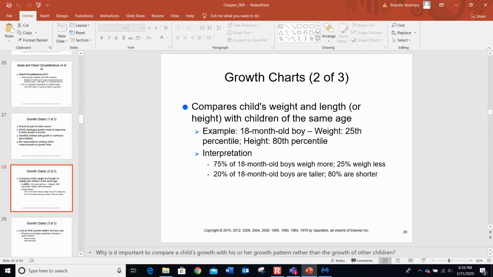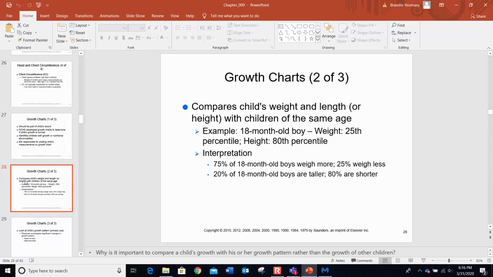So again, his weight is in the 25th percentile and his height is in the 80th percentile. Well, what the heck does that mean? That means that 75% of 18-month-old boys weigh more, 25% weigh less. And then 20% of 18-month-old boys are taller and 80% are shorter.